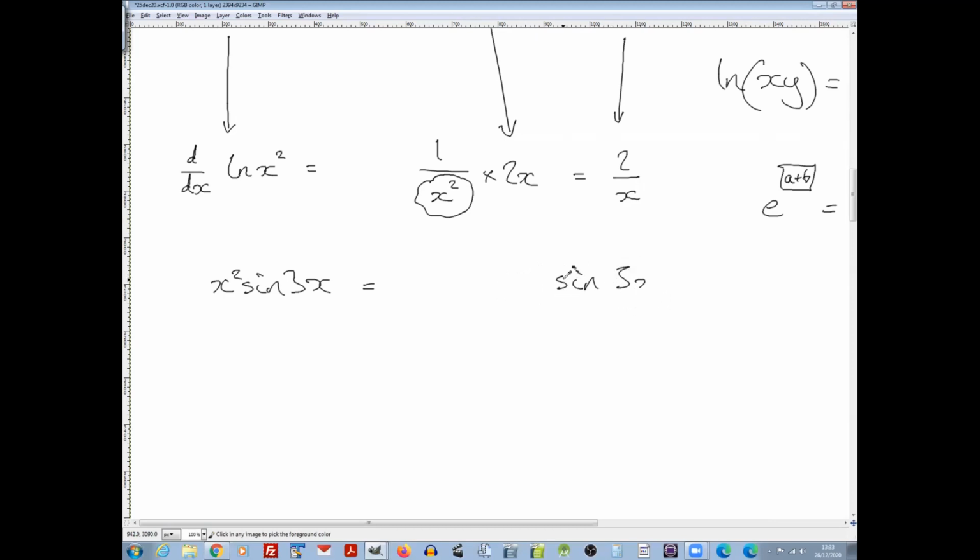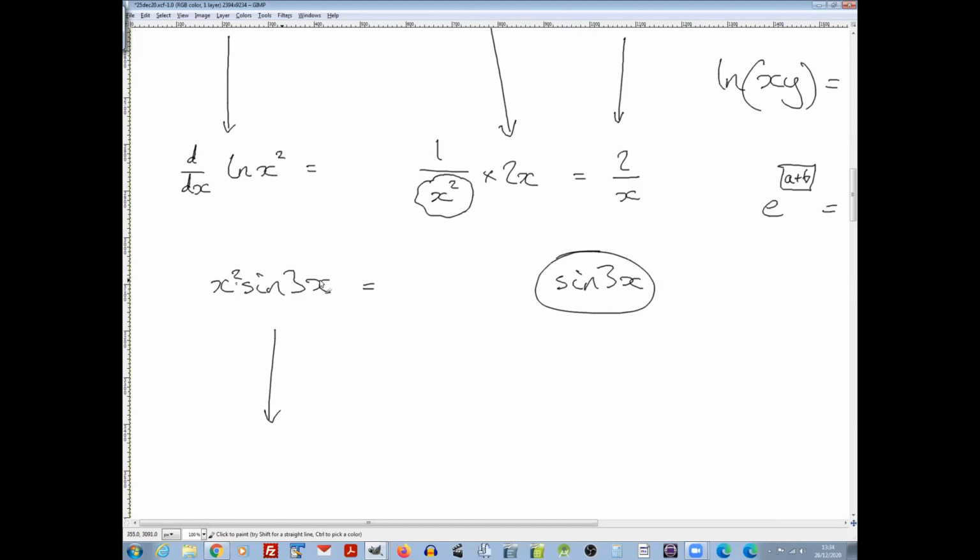Oh, sine 3x as a blob. I mean, yes, I am going to write it like that. I'm going to put a blob there. But on the other hand, we're at the top here, aren't we? We're going down. It's not like we've got an inner derivative up here, so we can't say x squared perhaps is the inner derivative, and it wouldn't be anyway, would it? It wouldn't be the inner derivative of 3x.